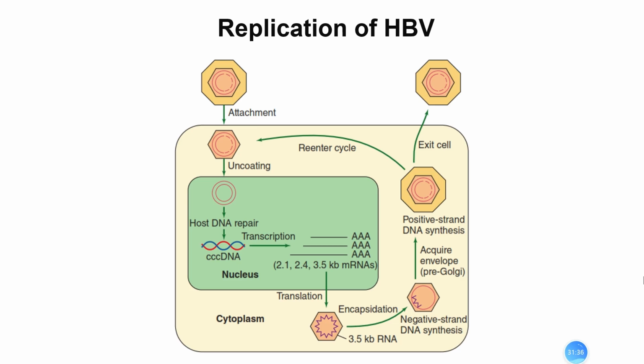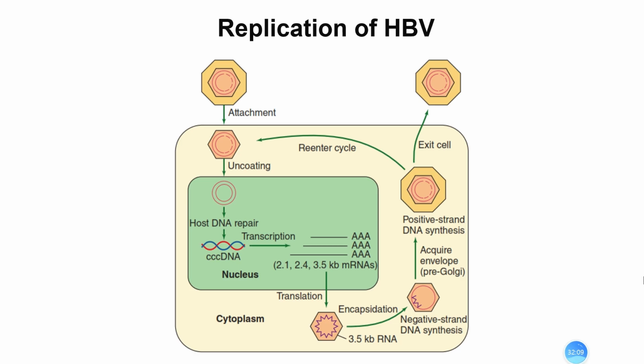And from there, the virus would utilize the RNA polymerase for transcription to make messenger RNA in different sizes. It can make messenger RNA like 2.1, 2.4, and 3.5 kb messenger RNA. Then the messenger RNA travels into the cytoplasm for translation to make the protein molecules.